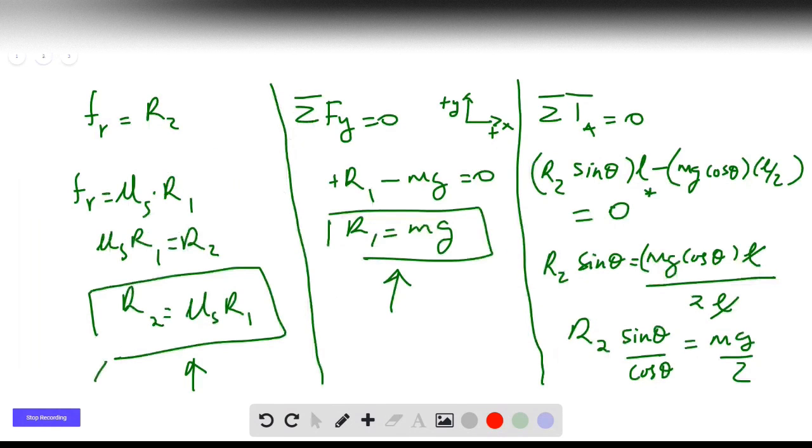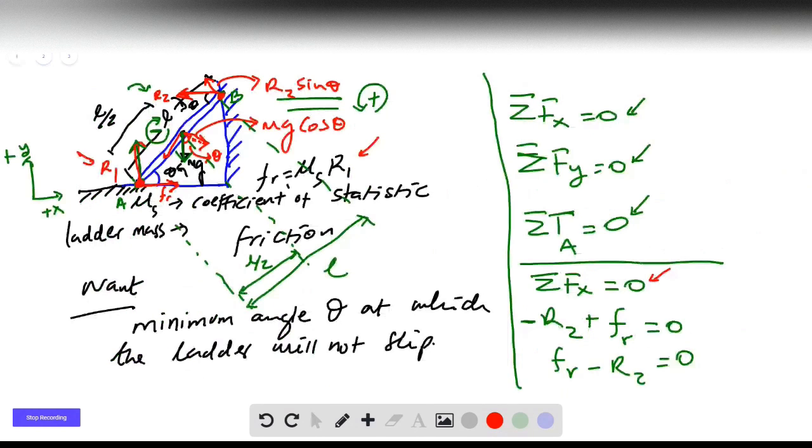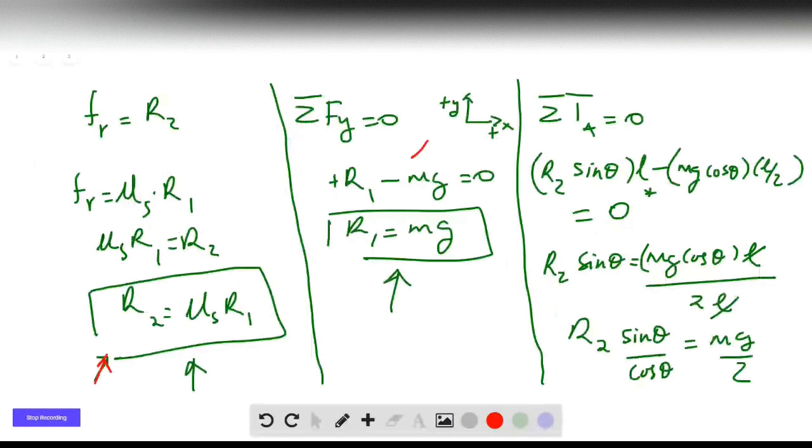And so we build our first relationship that connects R2 to the frictional force based on the sum of forces in the x. And then when it comes to the sum of forces in the y, our focus shifts to R1 and the weight, which is mg. So those two become equivalent. That way we're able to solve R1 in terms of mg.